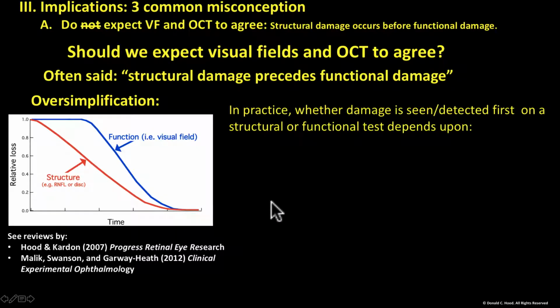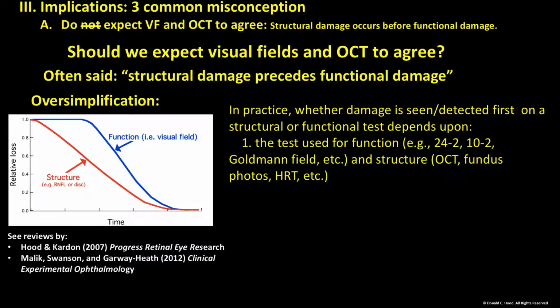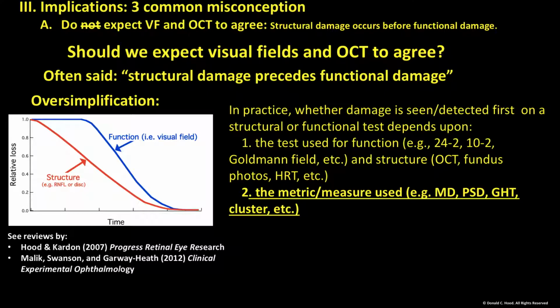And here are 2 review articles that summarize the arguments involved. But for now, I want to make the point that in practice, whether damage is seen or detected first on structural or functional tests depends upon, first, the test used for function. Is it a 24-2, 10-2, Goldmann field, etc.? And the test used for structure. Is it OCT, fundus photos, HRT, etc.? Second, the metrics used.